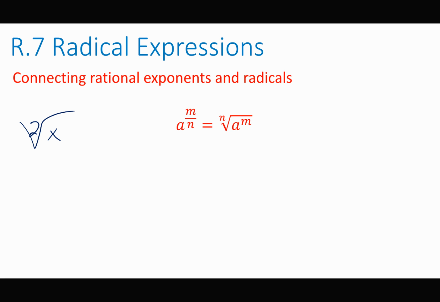Like if I think of square root of x, well, that's the same as x to the 1/2. So I always think of square root, which I know is to the 1/2 power, and that helps me make that connection rather than trying to just memorize a to the m over n, the nth root of a to the m. I just think of square root every single time, and then I know what that one is, and I don't mess this up.